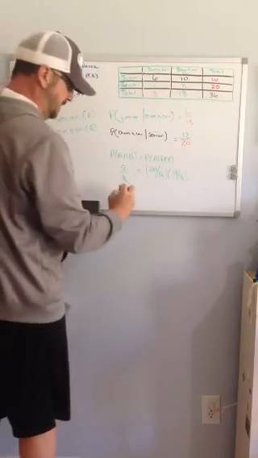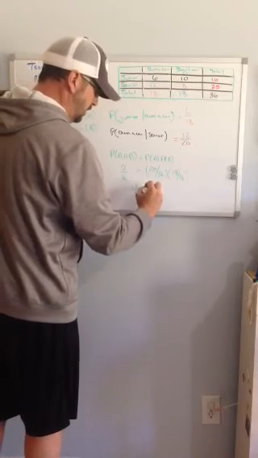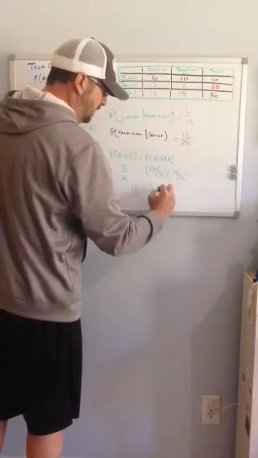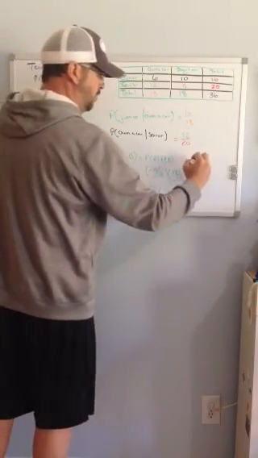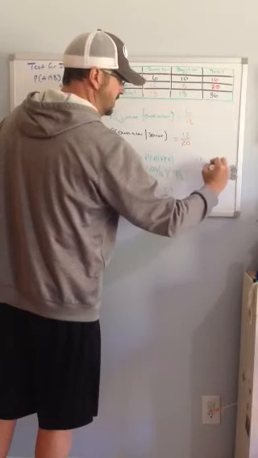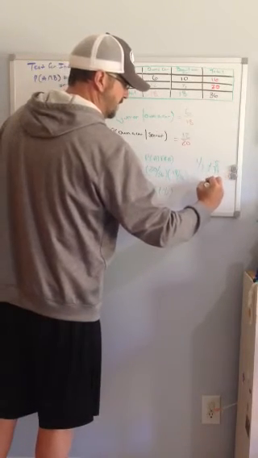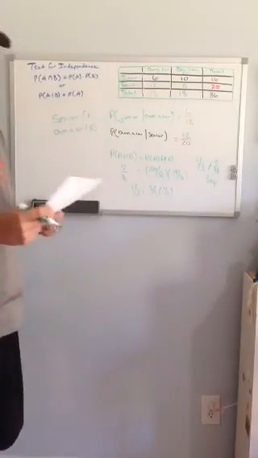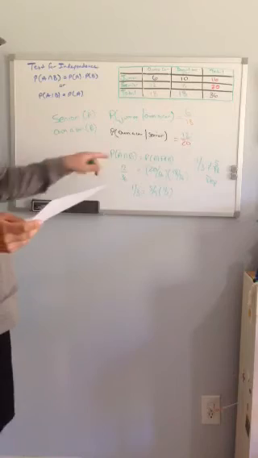If I simplify these, this is 1/3. Is that equal to 5 over 9 times 1 over 2 when I simplify these? Well, as we see, 1/3 does not equal 5 over 18. Therefore, these are dependent. So that's the way using this formula.